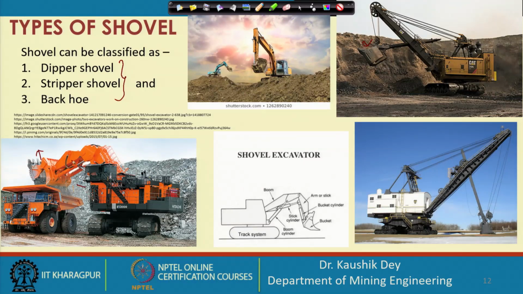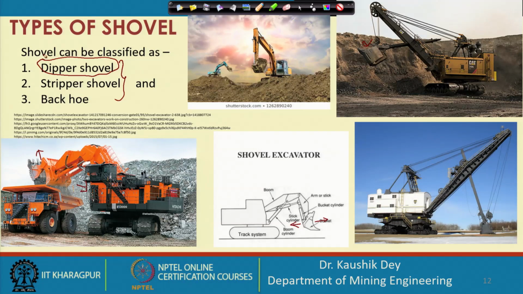So, from the boom, or you can say from the stick, this is the direction of the cabin, but the opening of the bucket is on the opposite side than the machine side. So, this type of shovel is called a dipper shovel.